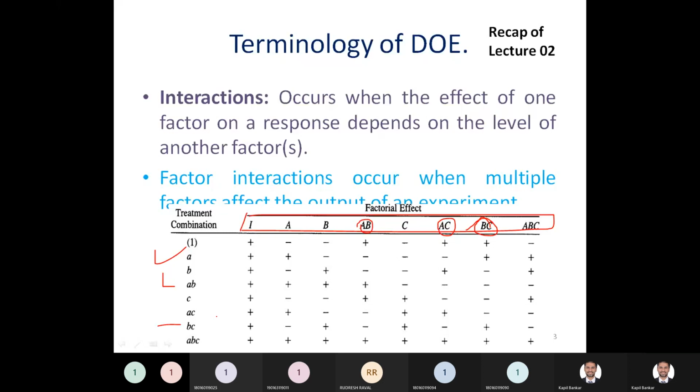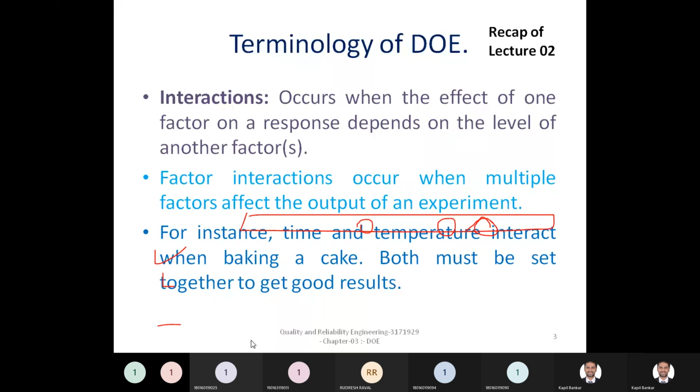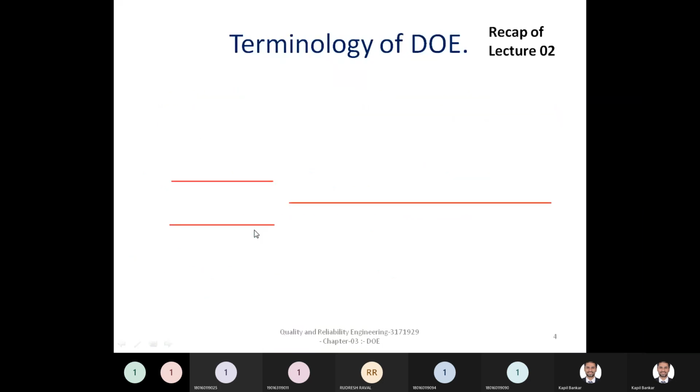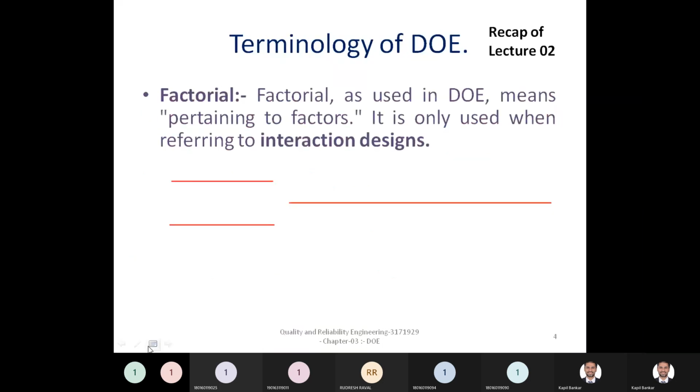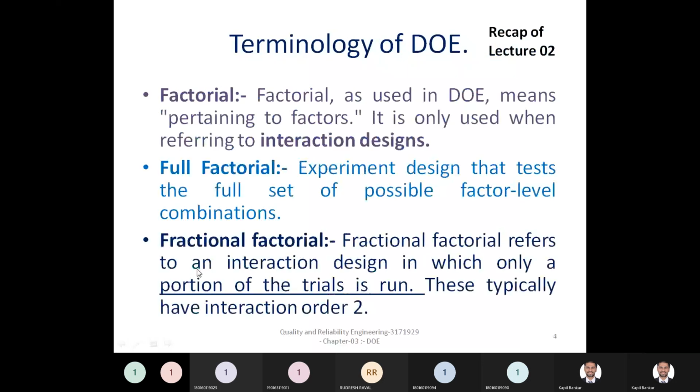And in full factorial design, you must consider all these combinations. So that is full factorial and fractional factorial design. In fractional factorial design, you can reduce the number of trials. You can reduce the number of runs, even though factors and treatments are larger.